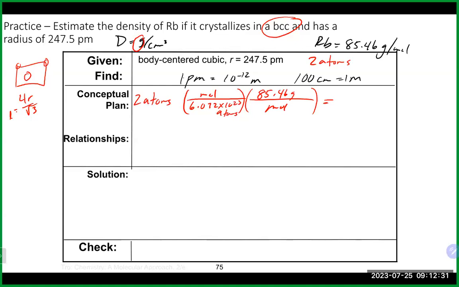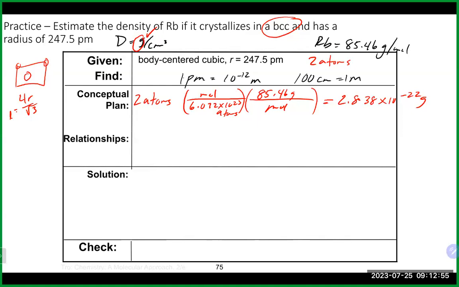And it looks like we will end up in this case with about 2.838 times 10 to the minus 22 grams. So that is the top part that has been calculated.